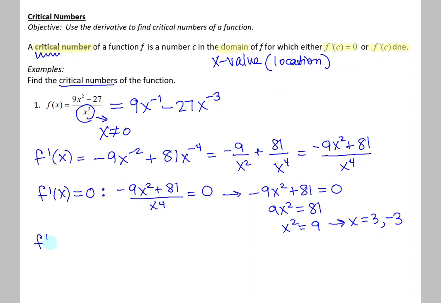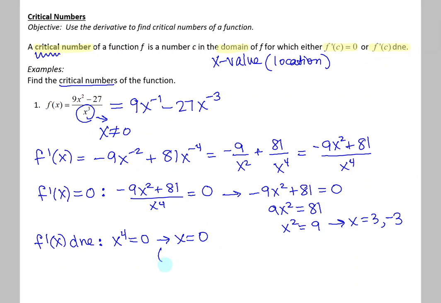How about the second part of critical numbers, where f prime of x does not exist? I notice that f prime of x has a denominator, therefore the derivative doesn't exist where the denominator equals 0, and that's where x equals 0. However, this is not a critical number because, as we pointed out earlier, x equals 0 is not in the domain of the function.